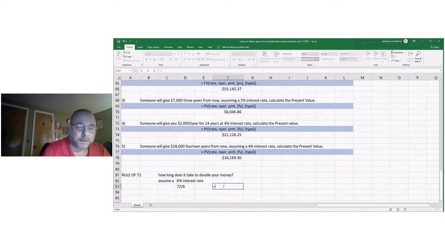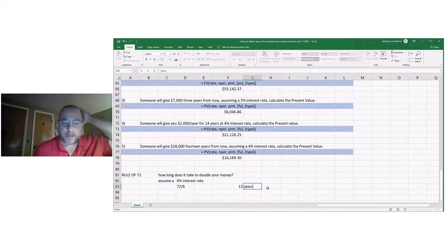So equals 72 divided by 6, and it says 12. So if you have an investment and you're getting 6%, so you put money in and you know you're going to get 6% interest, it's going to take 12 years to double your money.